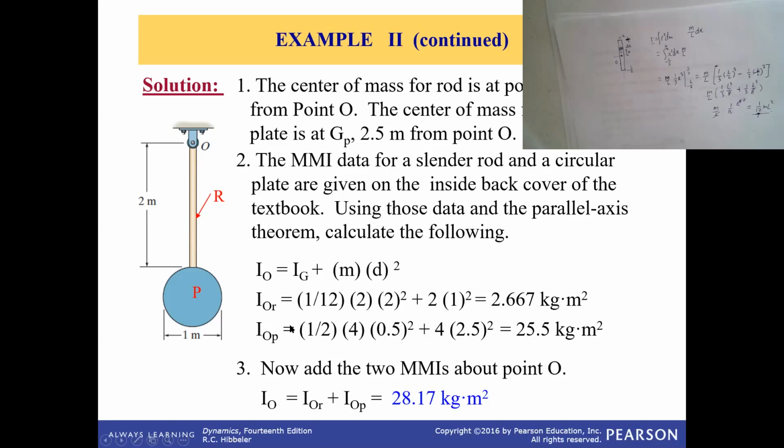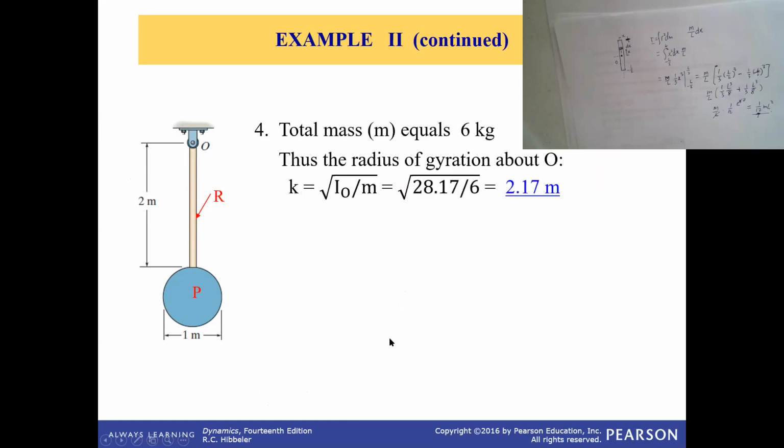Then you add the two up, to be the total moment of inertia about this new axis of rotation through O. After that, you calculate your radius of gyration, k, which equals the square root of the moment of inertia about the axis through O divided by the overall m. So overall m should be 4 plus 2, which is 6.